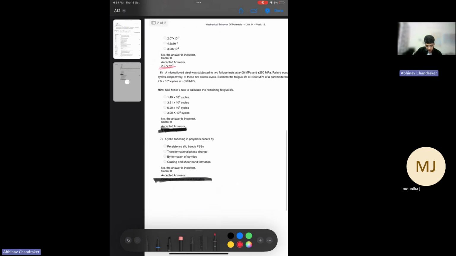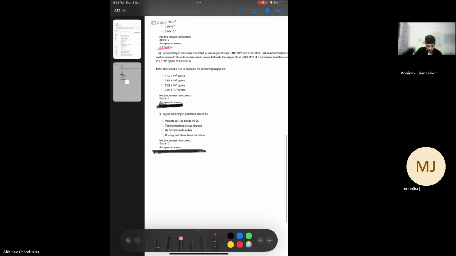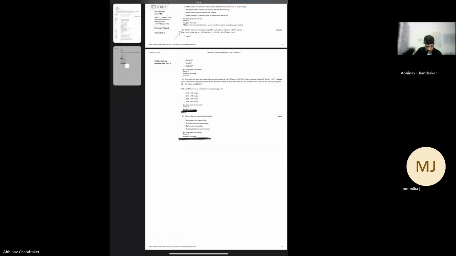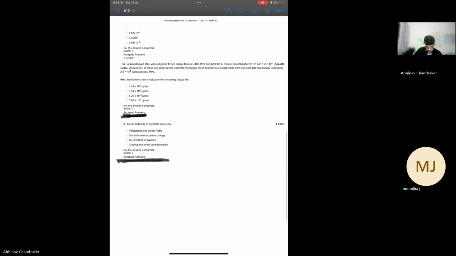Let's look at question 6 now. A microalloyed steel is subjected to two fatigue tests at 400 and 250 megapascals.